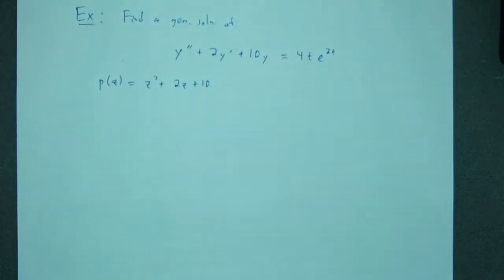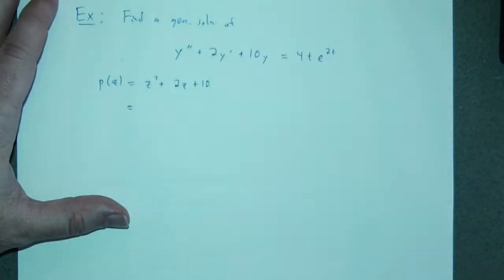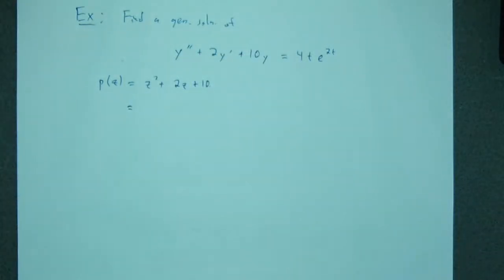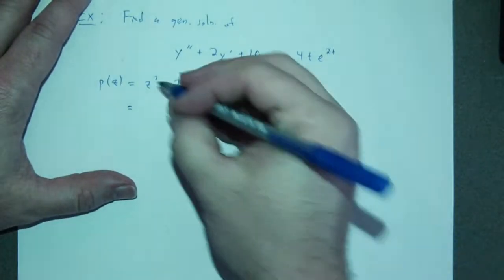We've seen this one several times now. But remember, you can do this with completing the square to make this easy. Of course, if you don't like that, you can always just use the quadratic formula.